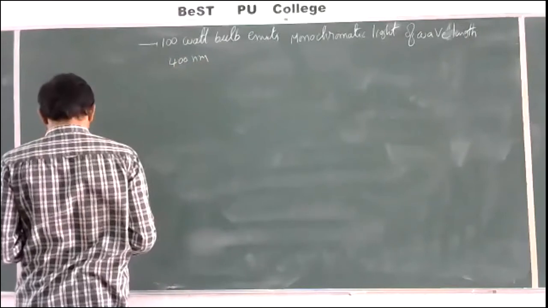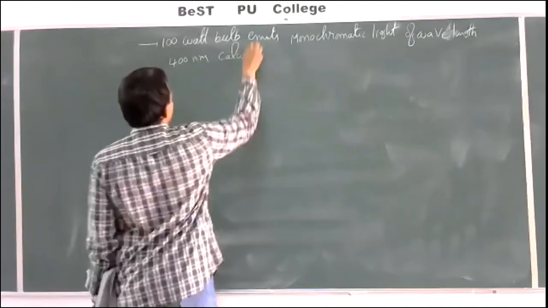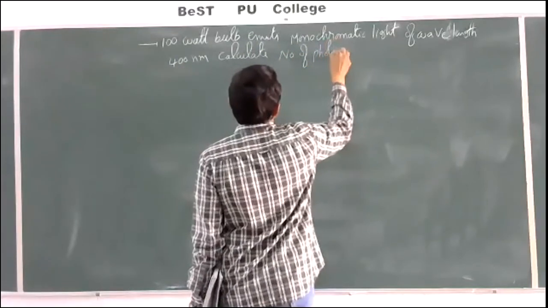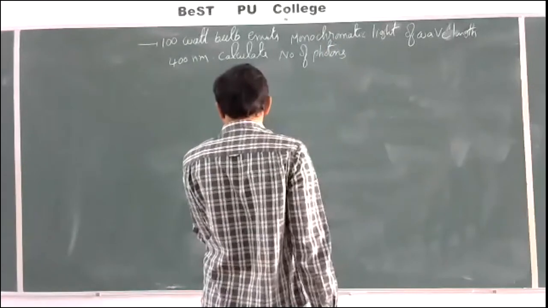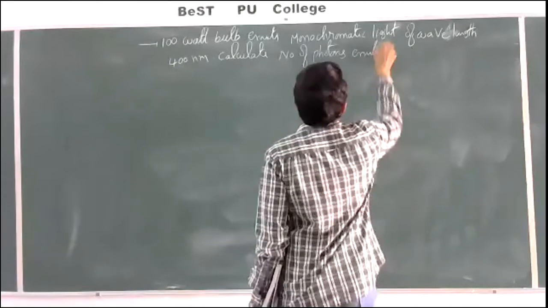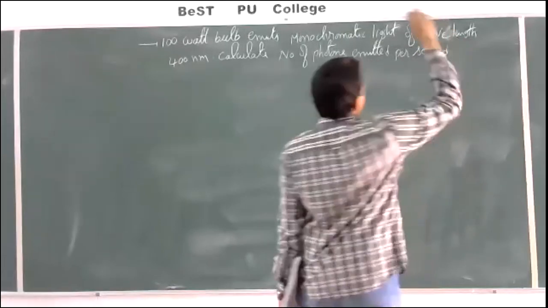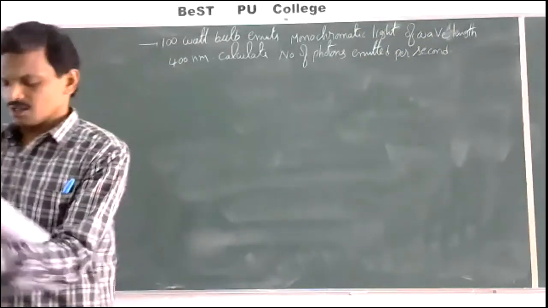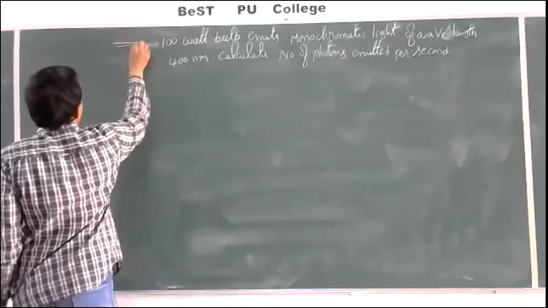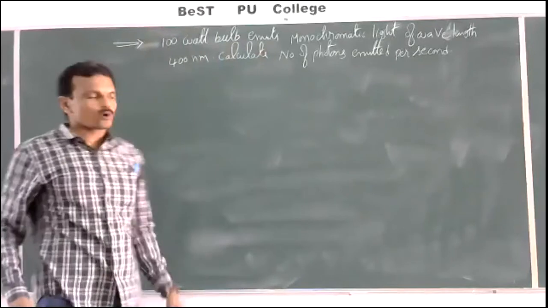Then calculate the number of photons emitted per second. This is the problem. What is the given question here? A 100-watt bulb emits monochromatic light.